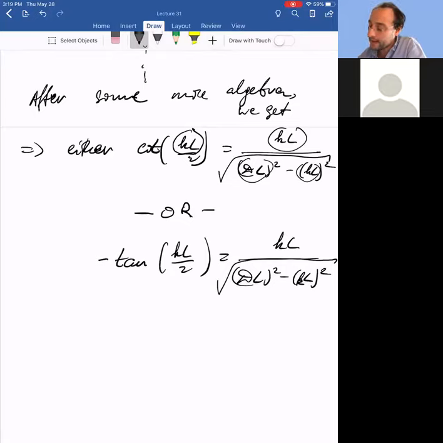Also, we recognize that we can just call KL, we can call it like X. And then I have cotangent of X over 2 equals X over, we can come up with another letter for this, like A minus X quantity squared, right? So that's almost like cotangent of X over 2 equals X over, I don't know, A squared minus X squared.